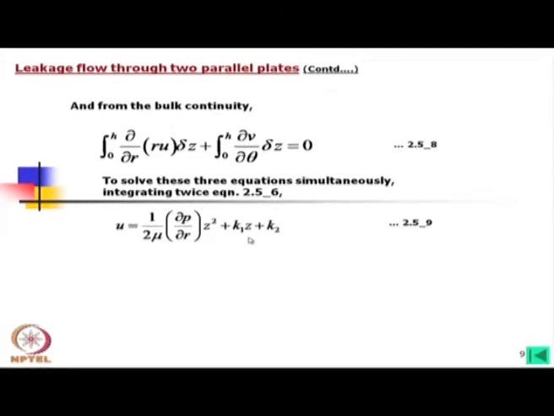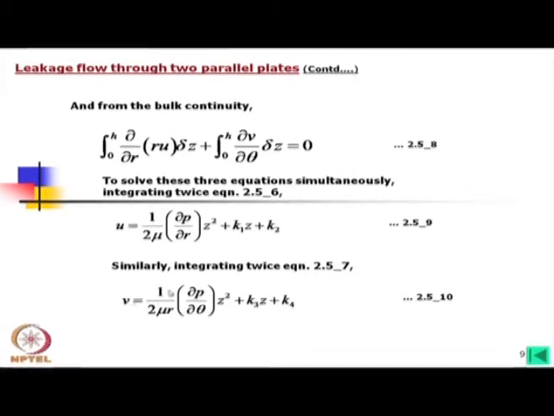This integration is not difficult, you can carry out and you will arrive at these equations. And similarly, integrating 2.5.7, we get V is equal to 1 by 2 mu r del p by del theta into z square plus k 3 z plus k 4, where k 1, k 2, k 3, k 4 are integration constants.